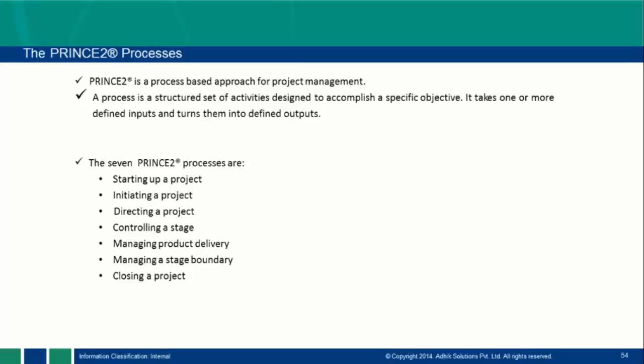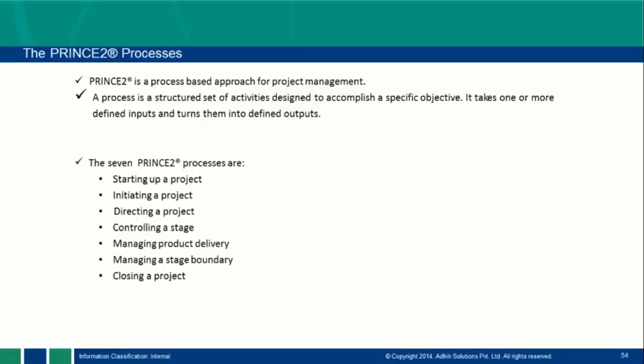For all 47, we will see this, and then we will see the process flow. Once I have the charter, what do I do after it? This charter output I will take as an input for which process? I will show you that flow chart first when we start PMP.